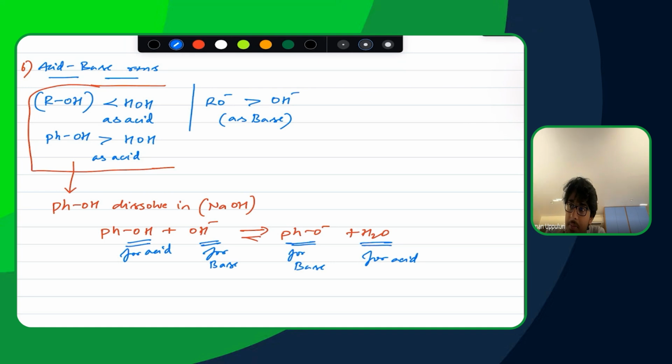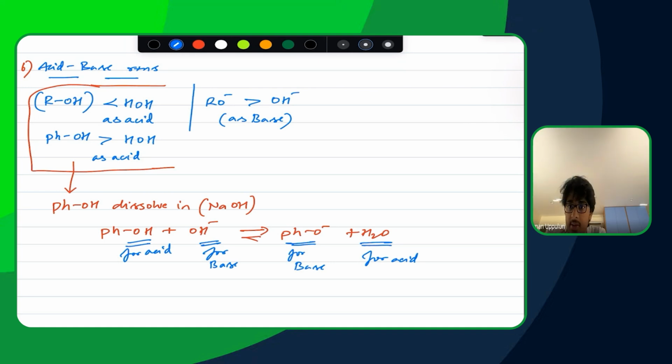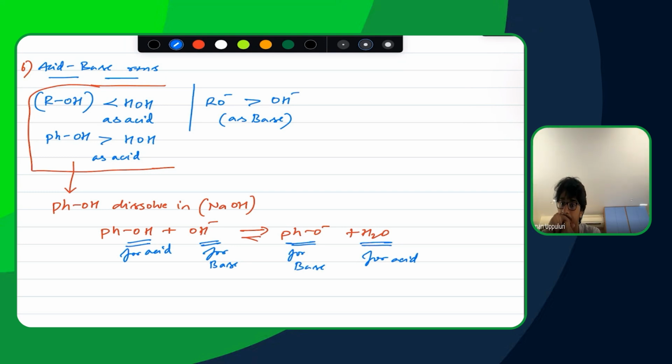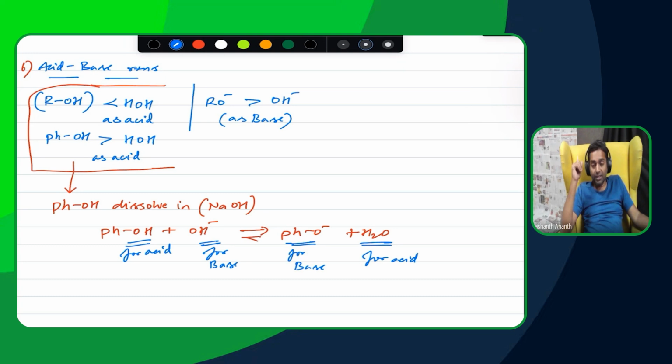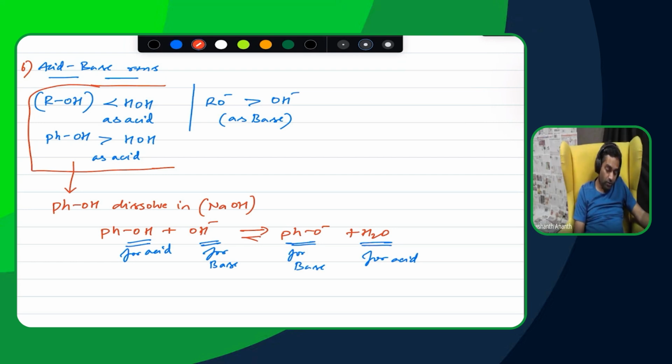Which side's acid is stronger? Phenol is stronger. Which side's base is stronger? OH minus is stronger. So forward direction, reverse. If I did the same thing for an alcohol, what will happen? The reaction will not take place because everything on the right side is better. Correct. So phenol dissolves in NaOH while ROH does not.